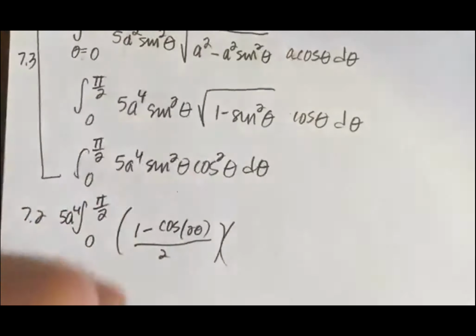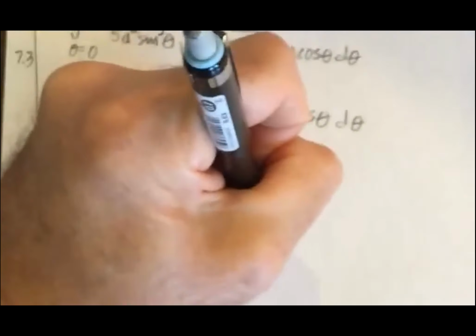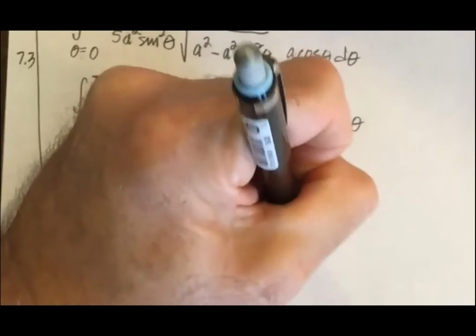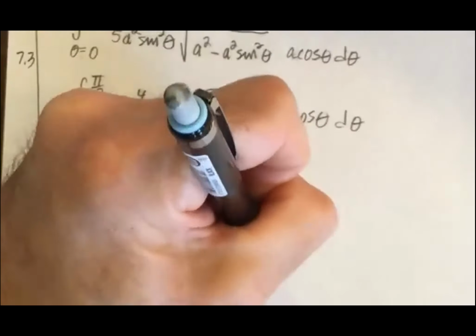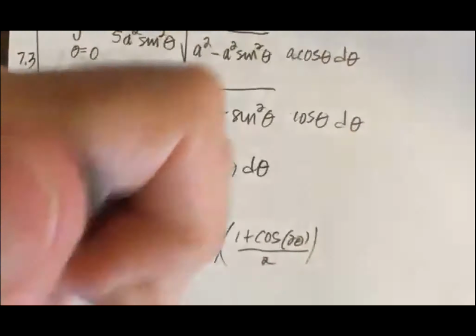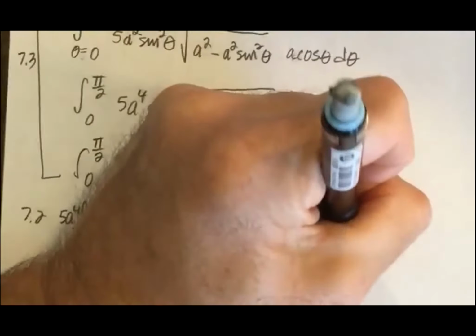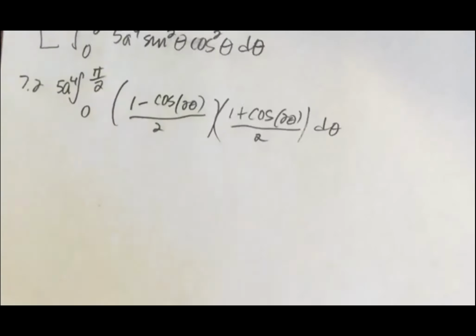And in here, I'm going to put 1 plus cosine 2 theta over 2, right? D theta. And we're not done. We got a long ways to go yet. Multiply those together, you're going to get another cosine squared. So you're going to have to use the half angle again. And then I think it'll fall out after that. Don't forget, plug in the pi over 2 and the 0, and then you get all the way to the answer.